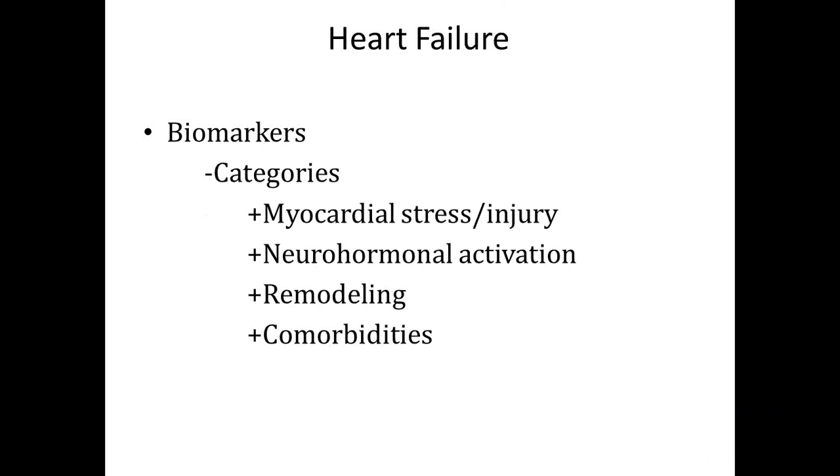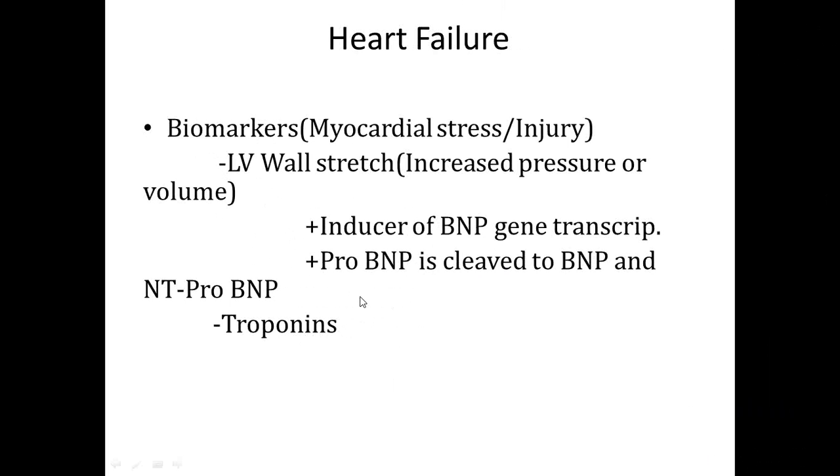So the biomarkers that we have today are related to the compensatory mechanisms that occur. And one of the main ones is the so-called BNP or NT-proBNP. So what is this BNP?